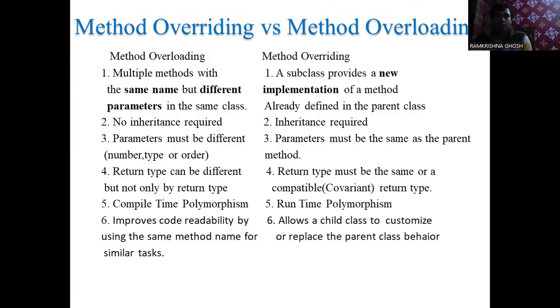And in method overriding, return type must be same or a covariant, compatible return type. Method overloading improves code readability by using the same method for similar tasks. And method overriding allows a child class to customize or replace the parent class behavior.